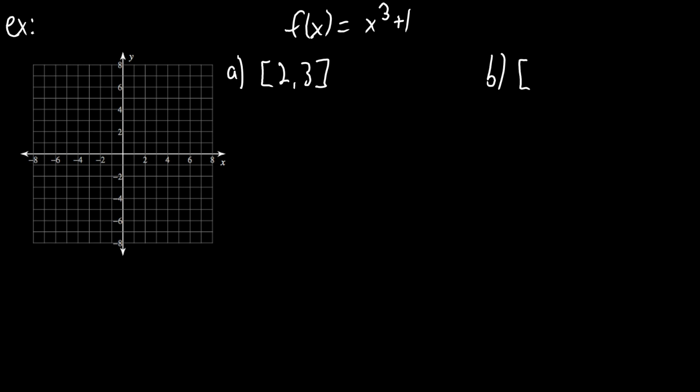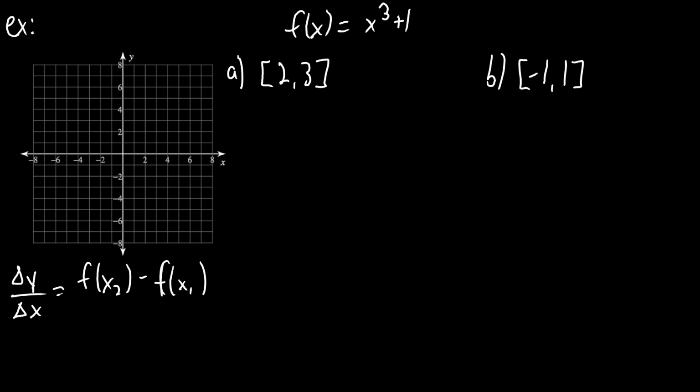And we'll go from -1 to 1 for part B. Remember, I'm just going to write the formula for average rate of change again: f of x2 minus f of x1 over x2 minus x1. And let's just graph this real quick. x cubed plus 1.